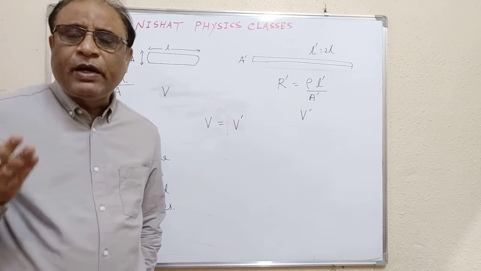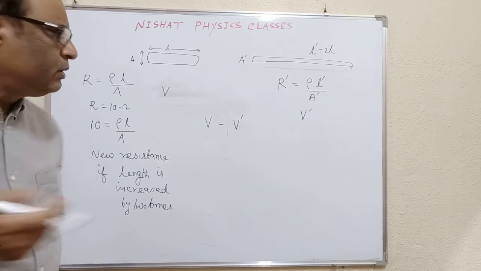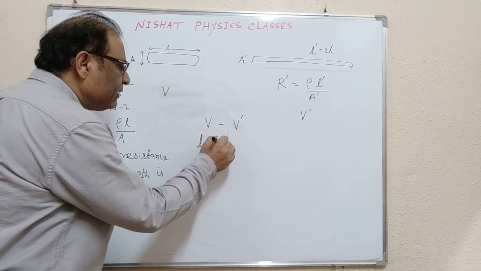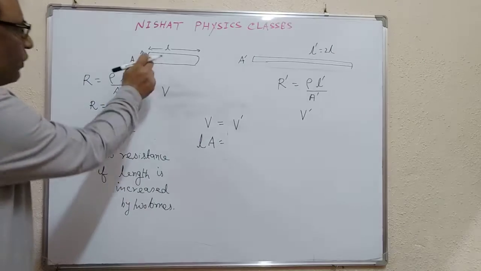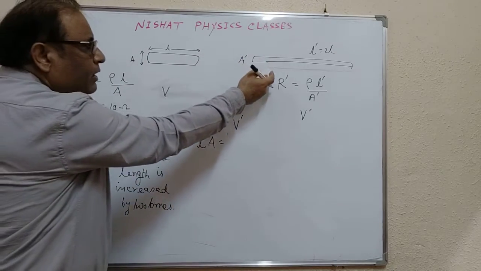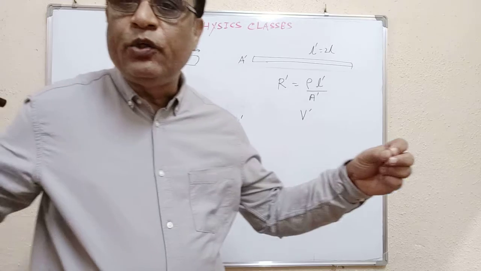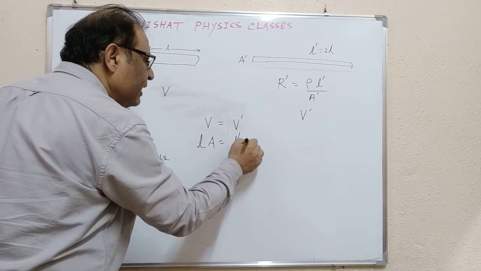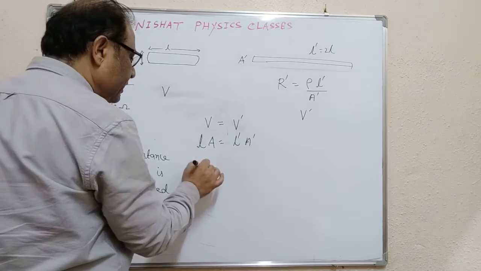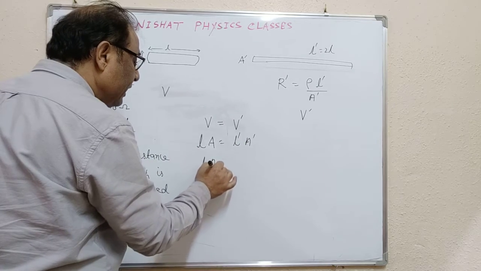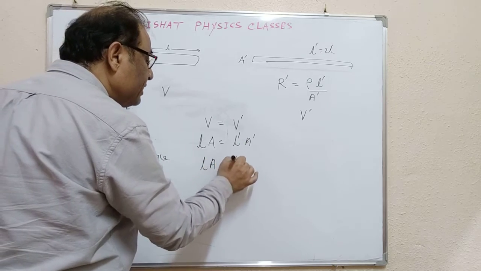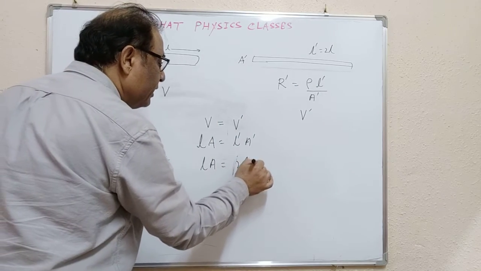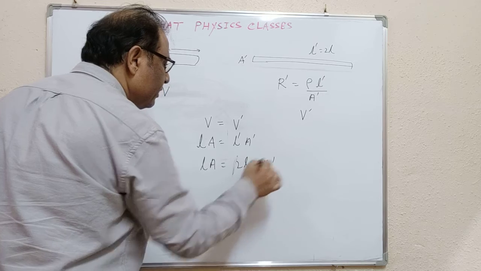We know the formula of volume is length times cross section area. For this side L and A, and here L dash and A dash. L times A equals L dash, which we have taken as 2L, into A dash.